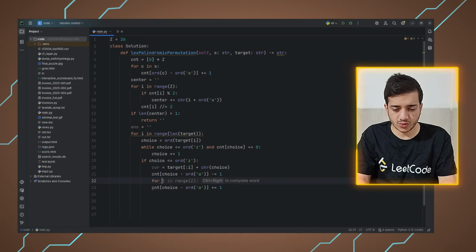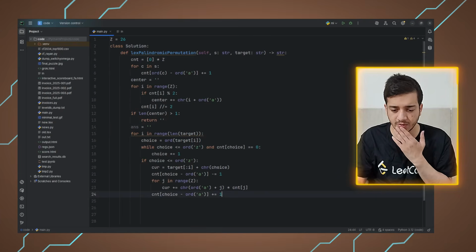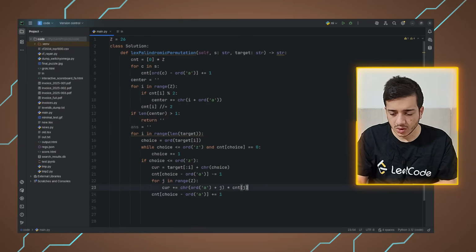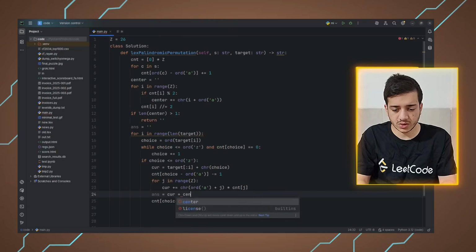Then for generand C or plus equals CHR of this times center of J. I'll add them easily. Then ans will be current plus center plus reverse of current.